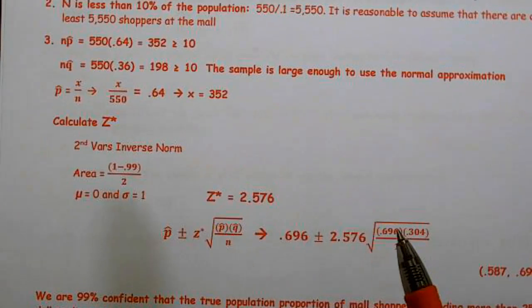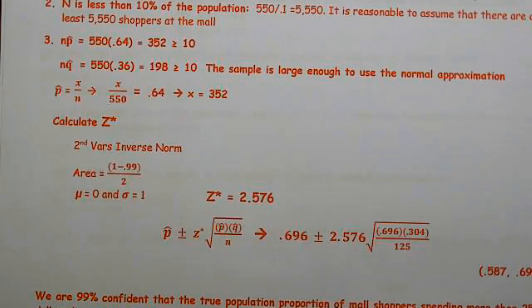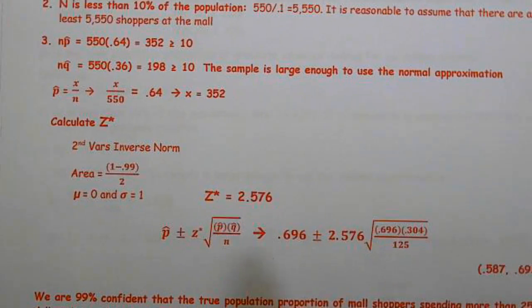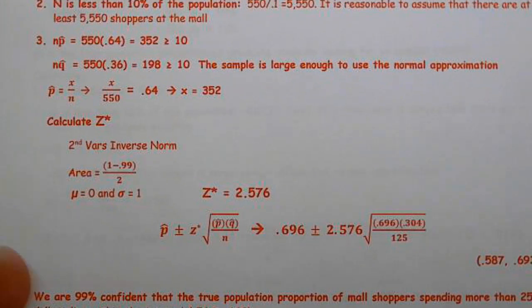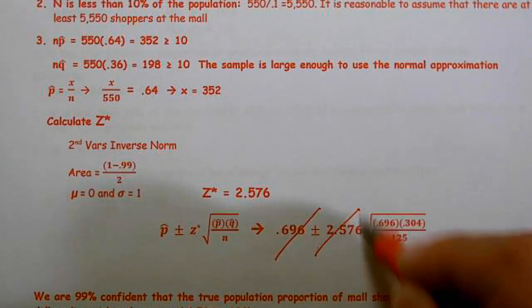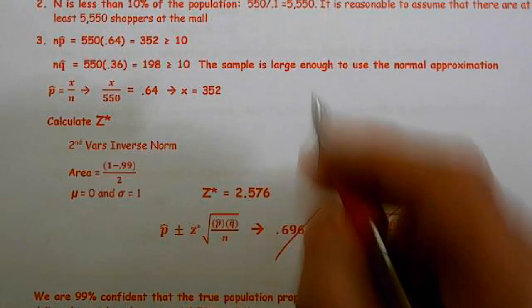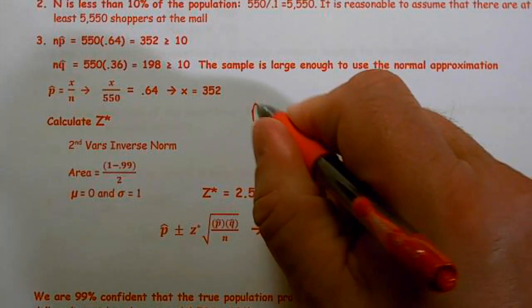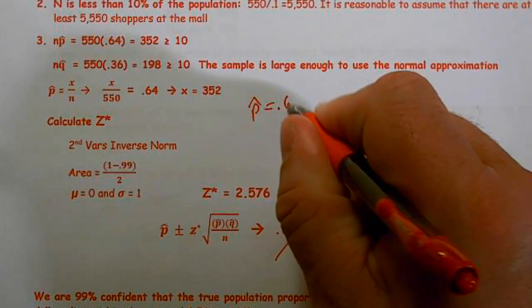All right, so what was our p hat? I'm not sure how I ended up getting the numbers that I have. I'm going to pause this for just a moment. That's always nice to find out that you used the wrong numbers. So basically, everything I've said has been correct, but what's written down in the notes is incorrect. We're going to need to ignore this part, because our p hat equals 0.64.